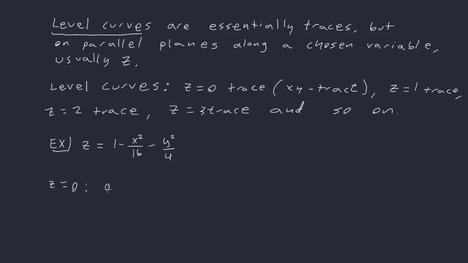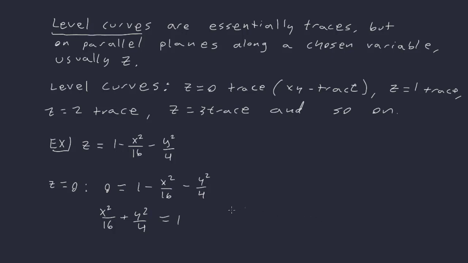That came out to be 0 equals 1 minus x squared over 16 minus y squared over 4. Okay? So that's going to be our z equals 0 level curve.